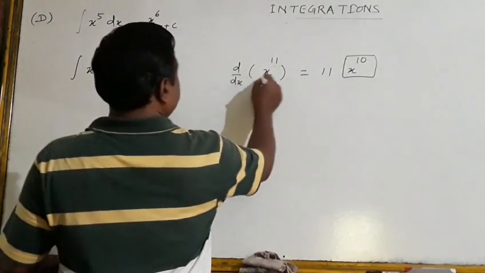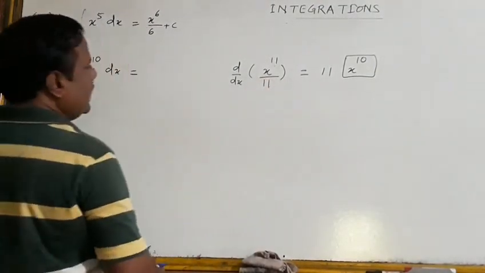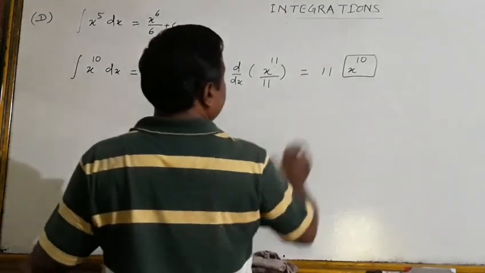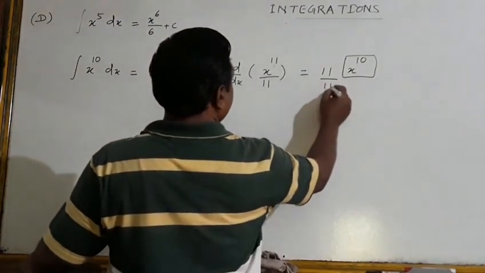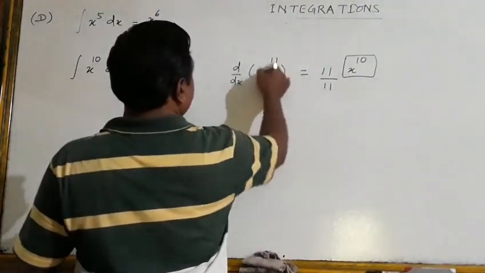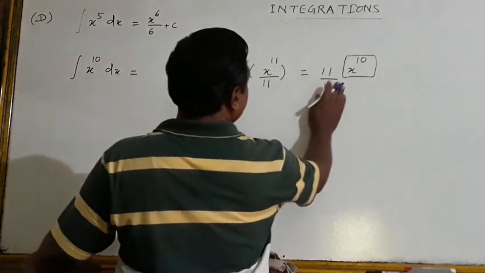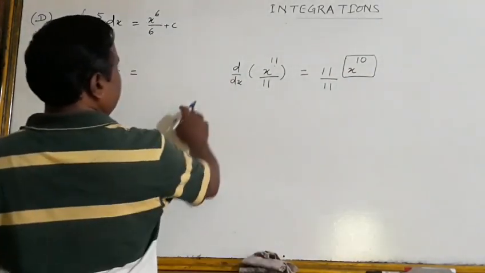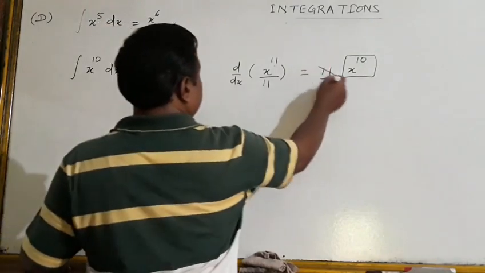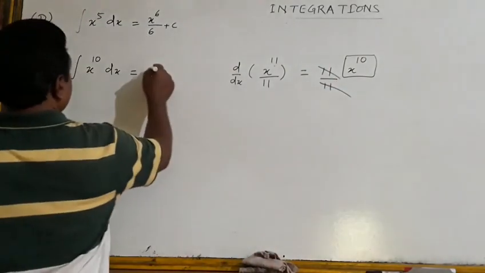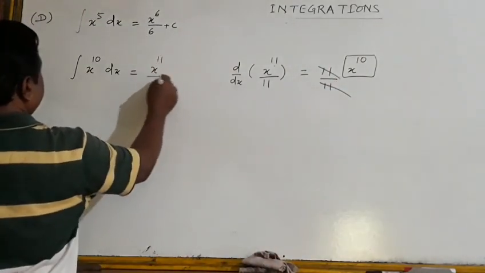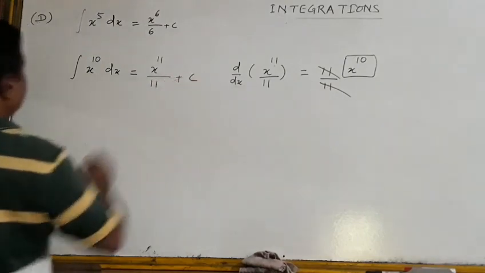So if I divide by 11, then 1 by 11 will go outside, and it becomes x to the power 10. Naturally, it is x to the power 11 by 11 plus c.